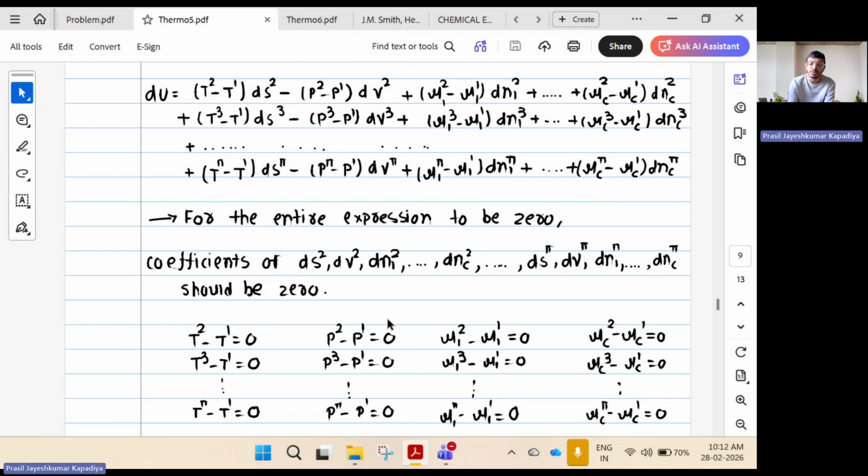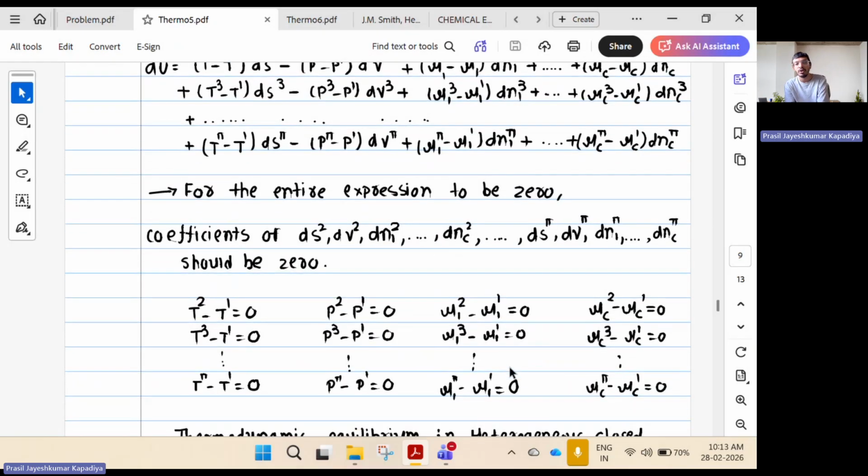Similarly, P2 minus P1 should be equal to 0, P3 minus P1 should be equal to 0, and P pi minus P1 is equal to 0. Similarly, mu1 in phase 2 minus mu1 in phase 1 equals 0, mu1 in phase 3 minus mu1 in phase 1 equals 0, and mu1 in phase pi minus mu1 in phase 1 should be equal to 0.